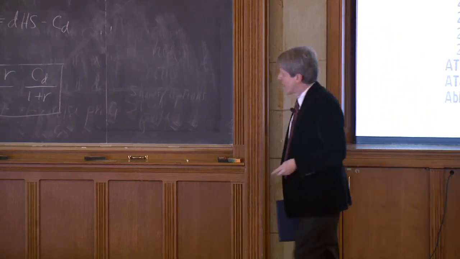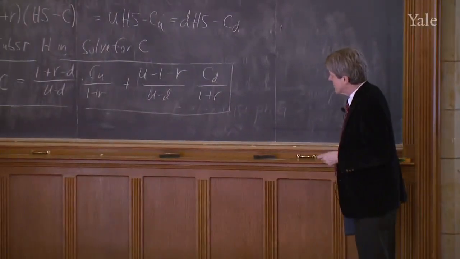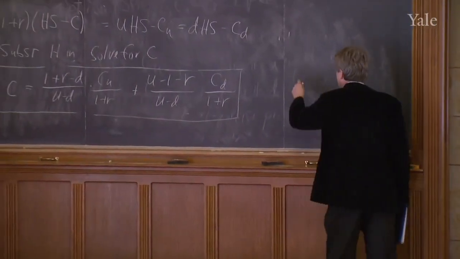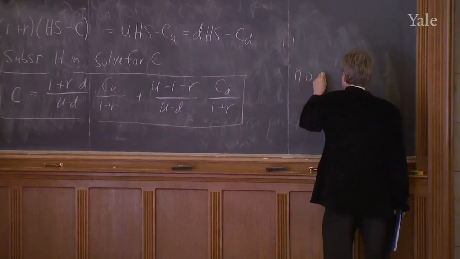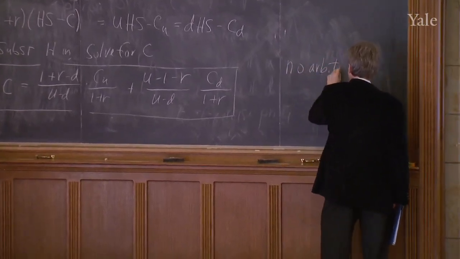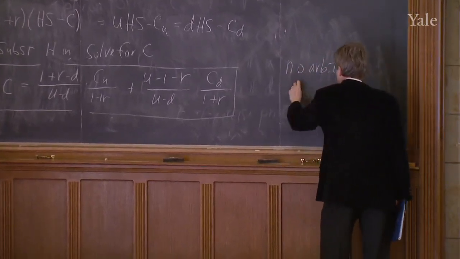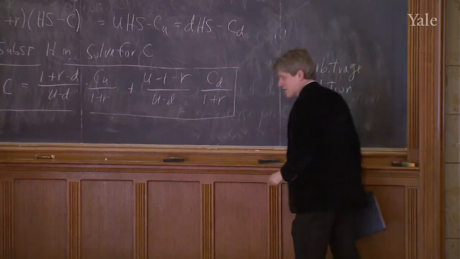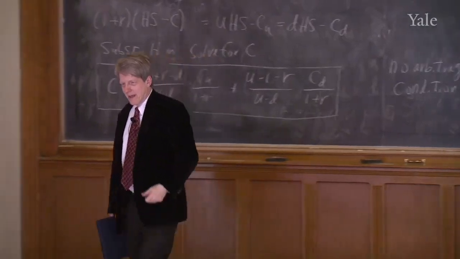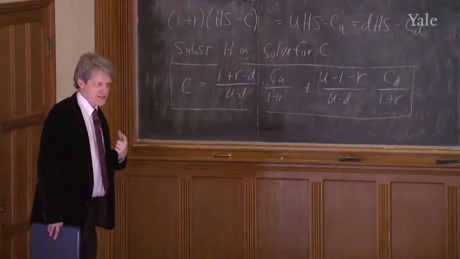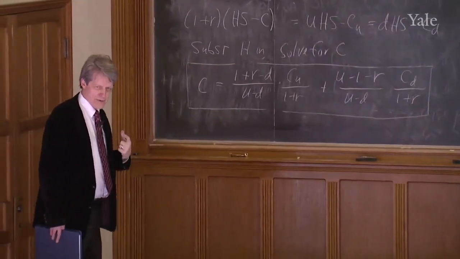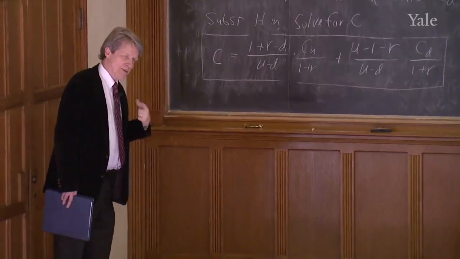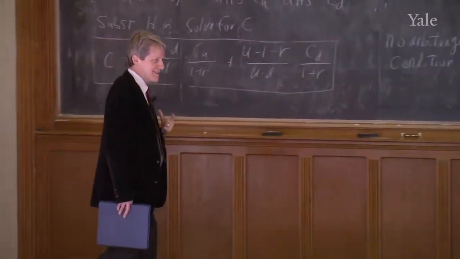This option price formula was derived from a no arbitrage condition. Arbitrage in finance means riskless profit opportunity. And the no arbitrage condition says it's never possible to make more than the riskless rate, risklessly.